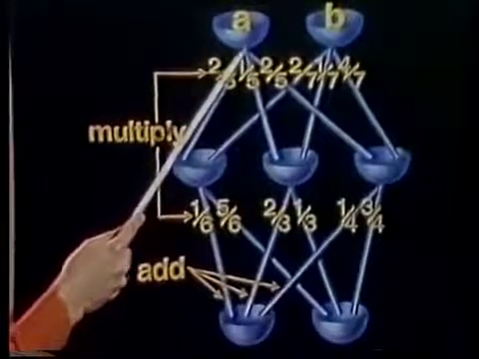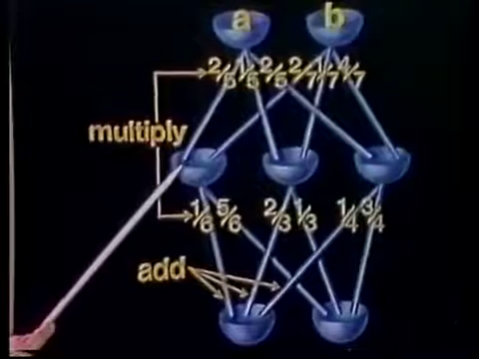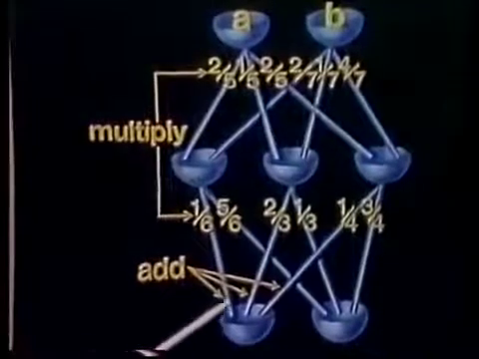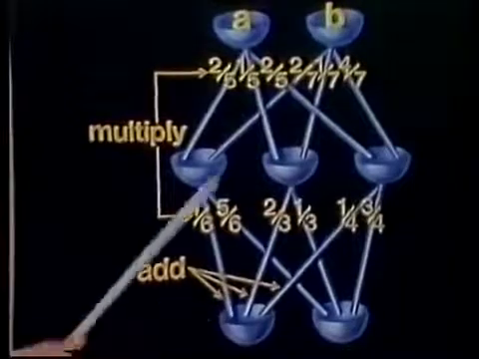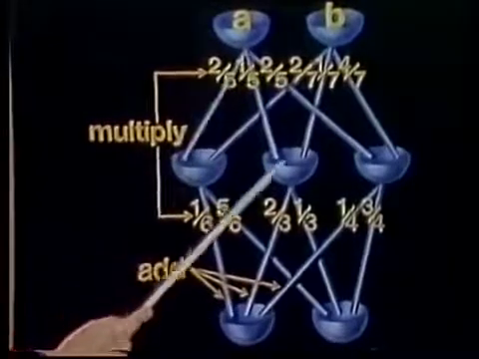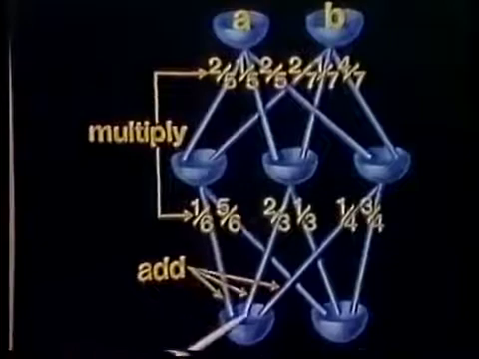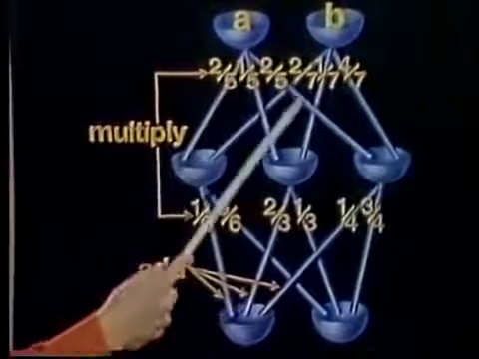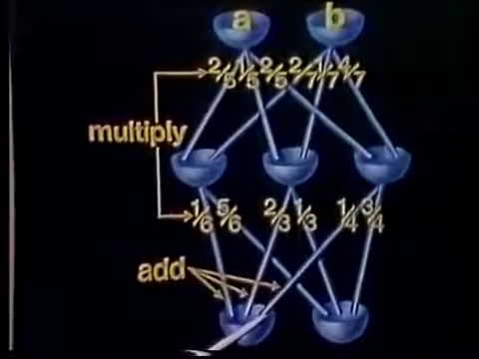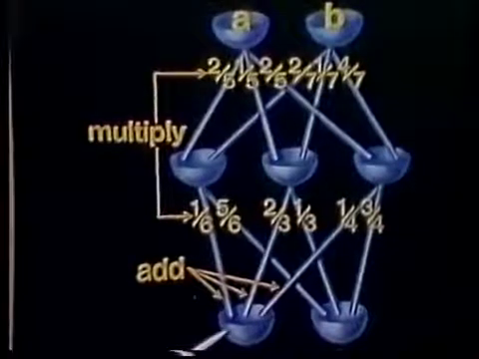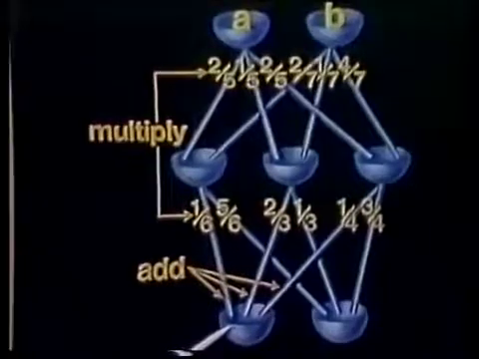You say that 2/5 of A flows this way, and 1/6 of that flows down here, so you multiply 2/5 times 1/6. But you do that for each path: 1/5 times 2/3, and 2/5 times 1/4. Then you add those results, and that tells you the proportion of A that gets to this outlet.